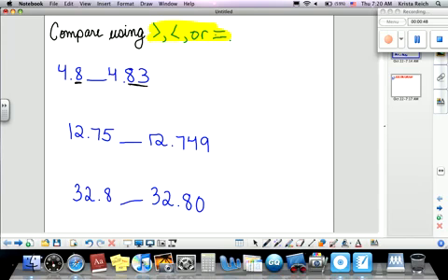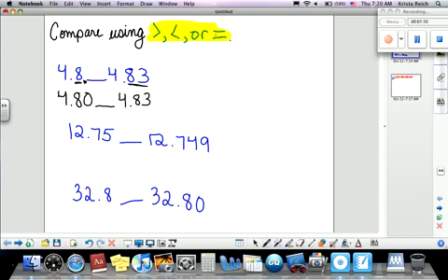So in other words, I want to add a 0 to the end of the 4.8 to make it into the hundredths. So I'm going to do that by just annexing a 0. And when you annex zeros to the end of any decimal, it does not change the value of the decimal. I think that's important to note. In this one, we're going to leave the same.